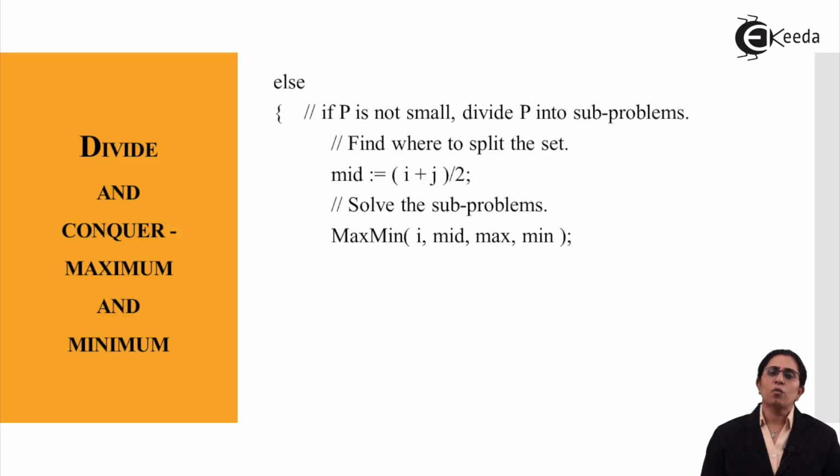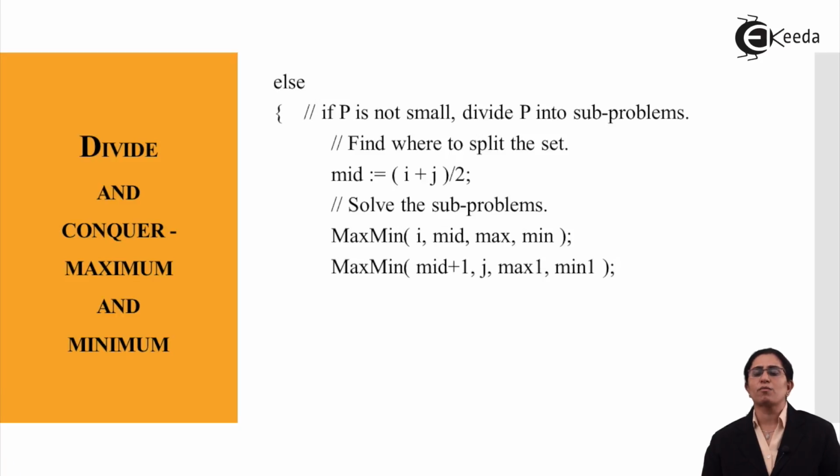And here we will recursively call MaxMin(i, mid, max, min). So the value of j will be the value of mid, which will be passed at the first instance if I have to find out the minimum and maximum from the left subarray. And then the right subarray will be called recursively for MaxMin(mid plus 1, j, max1, min1).